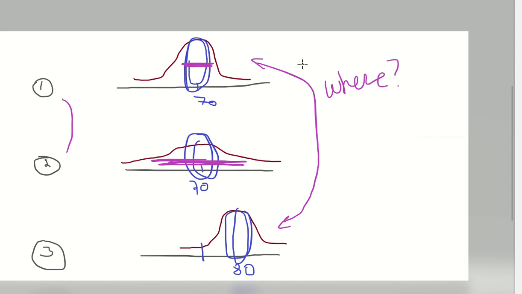So that's the first concept of numerical data. The second concept of numerical data is how much variability there is, how much the values are different from one another, how homogeneous or heterogeneous the values are.